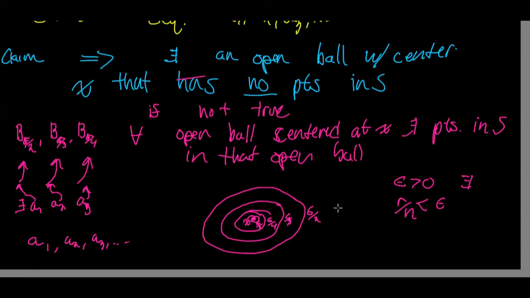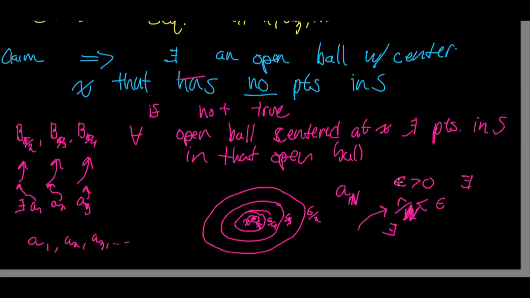Moreover, there exists a point in this sequence that is in the open ball of radius r over n. And every point after a sub n, and maybe I should have made this a capital N to be more in line with the definition of convergence, is in every open ball of radius smaller than r over n.